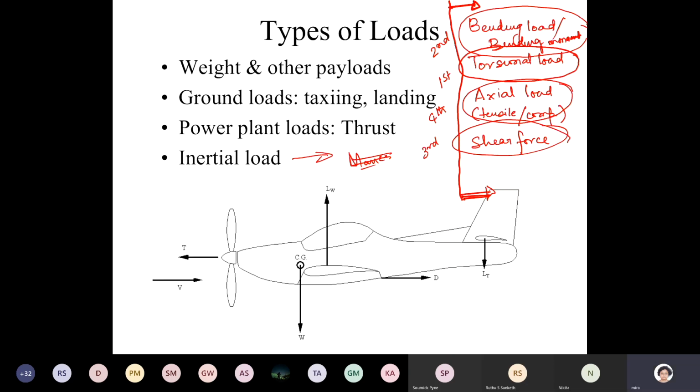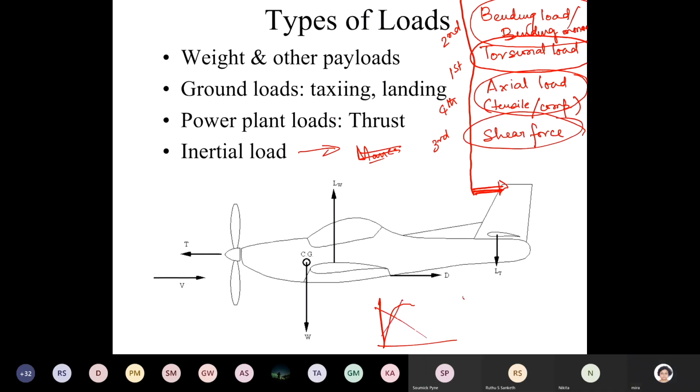We all know the stress strain curve for a given material. If it is aluminium, all of us know this stress strain curve, and we know the ultimate load of aluminium.